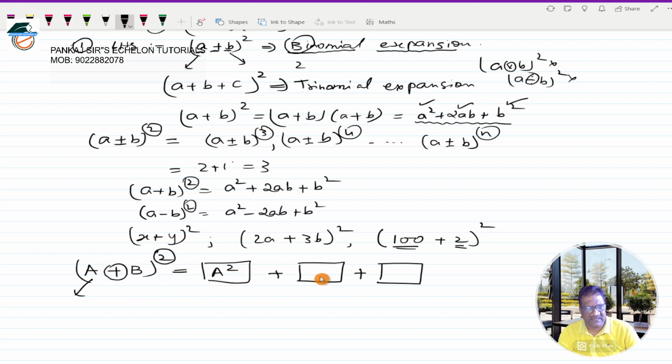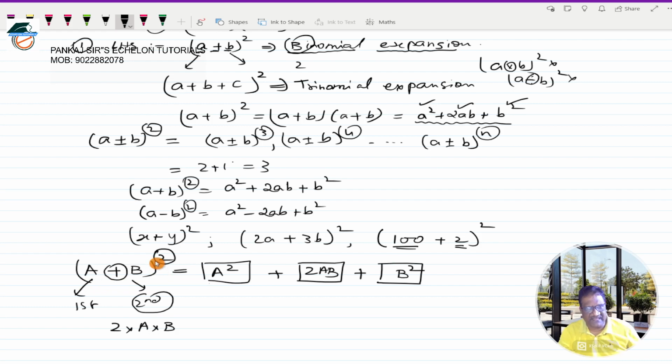In the second box you have to take 2 times the first term multiplied by the second term, that is, 2 times a times b. So here you will write 2ab. And in the last box you are going to take the square of the second term, so it will be b square. This is how you have to remember to write the expansion of (a plus b) the whole square.